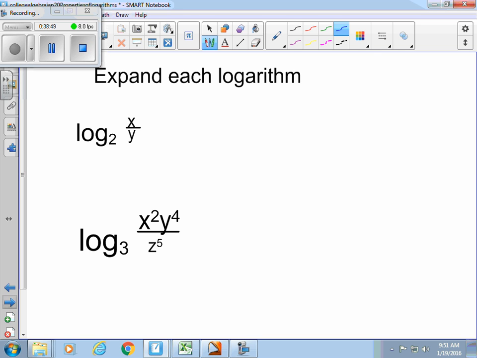Okay, so let's do another expand. So break this up. How many logarithms am I going to get when I break it up? 3. Why am I going to get 3? Because there's 3 pieces in there multiplied or divided by each other. I get log base 3 of 4.